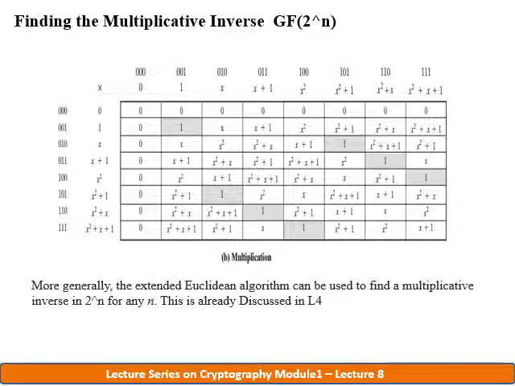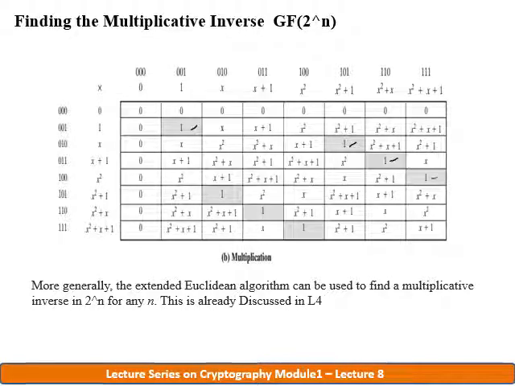To reduce that degree, we take the help of the irreducible polynomial. By taking the irreducible polynomial, we reduce the degree of that polynomial. So that's how we get this table, and now you can identify wherever we are getting ones here. We are getting the ones at these places, that is the multiplicative identity element.